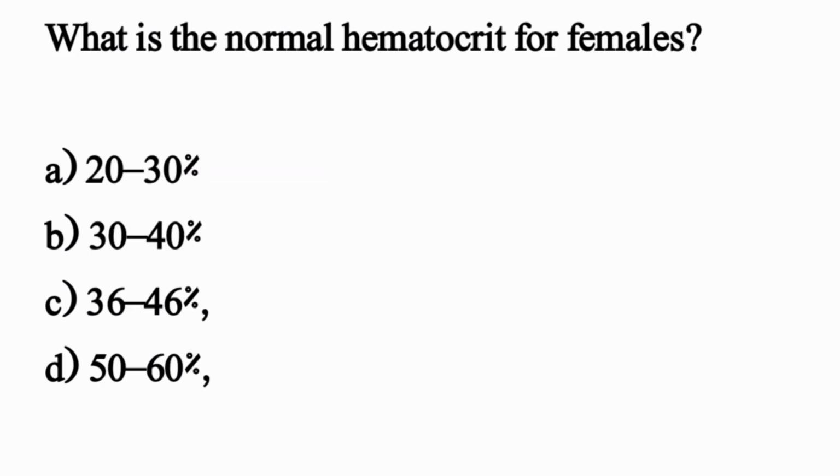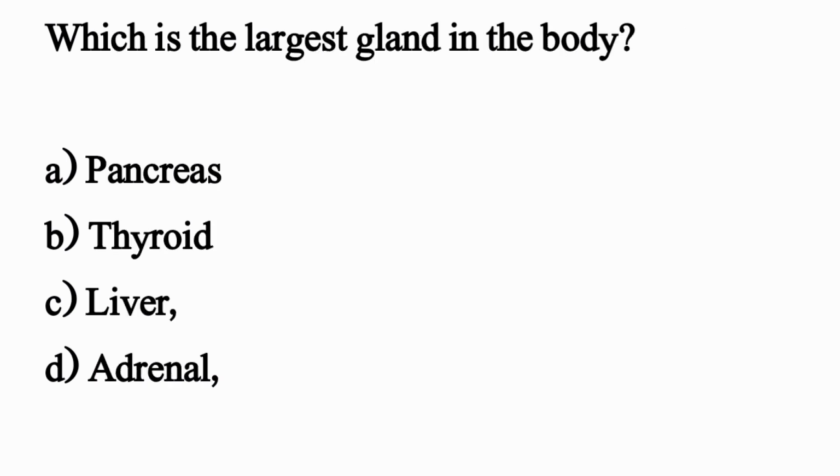What is the normal hematocrit for females? The right option is option C, 36 to 46%.